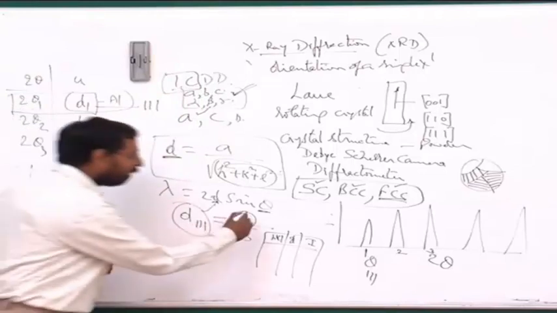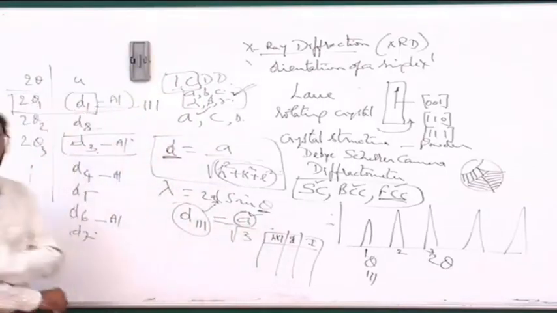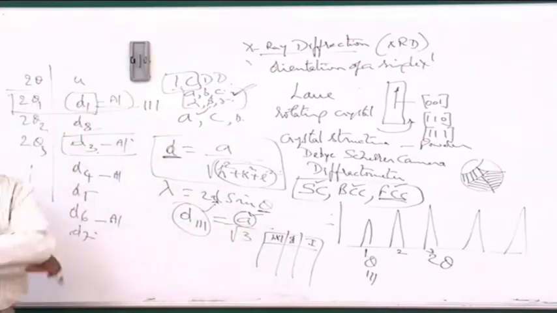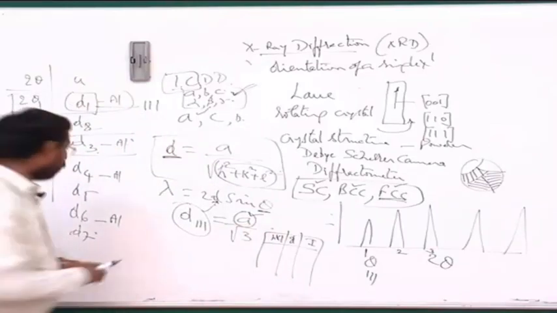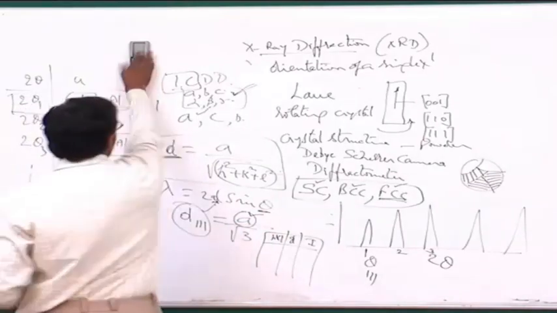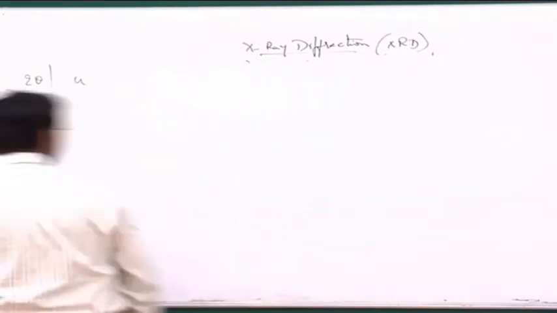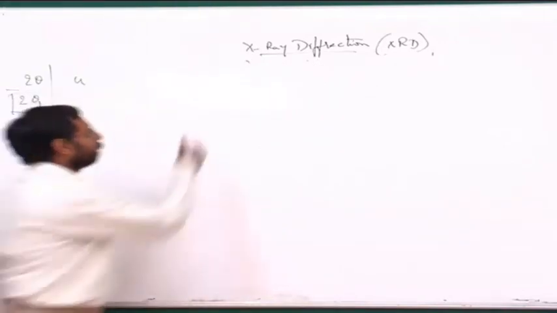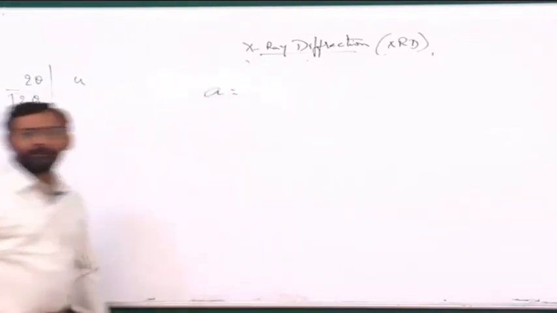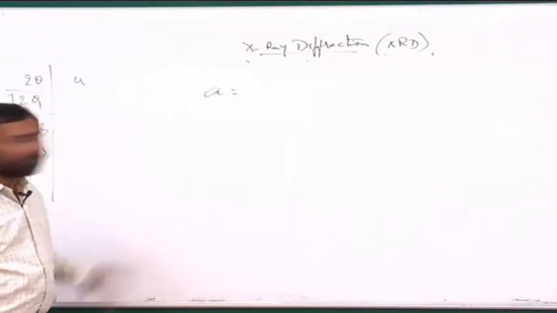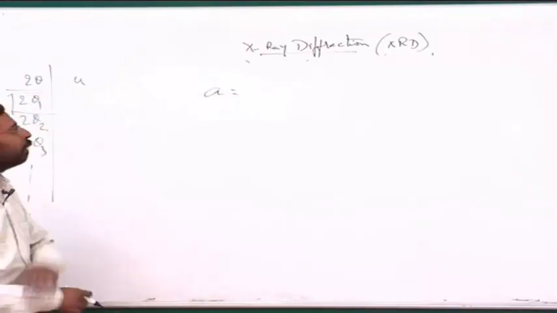But this calculation of lattice parameter that we are talking about is not so accurate. Why it is not accurate is what we will see right now. We just now calculated the lattice parameter a for a cubic phase. We are sticking to cubic because it is much simpler.